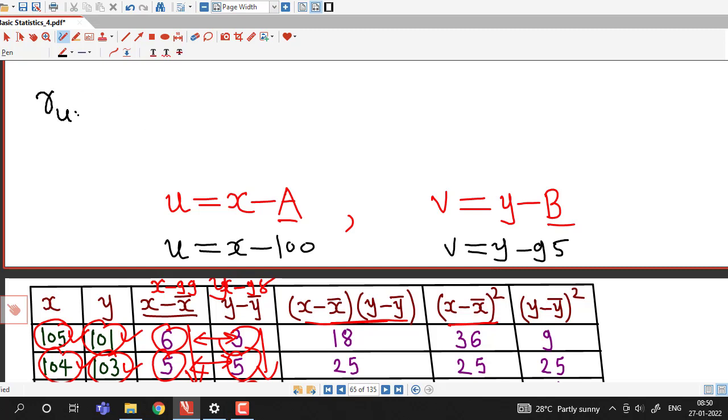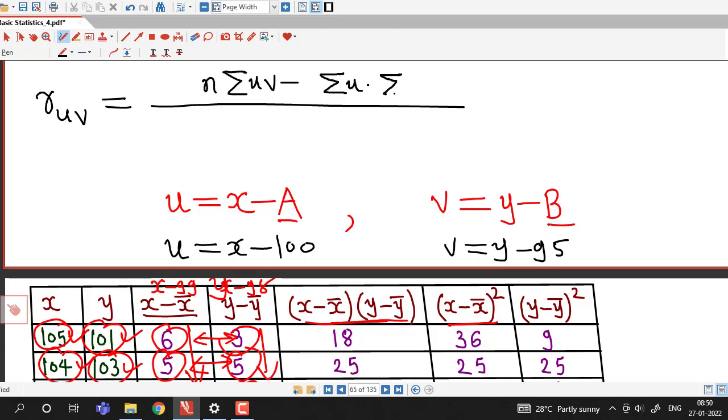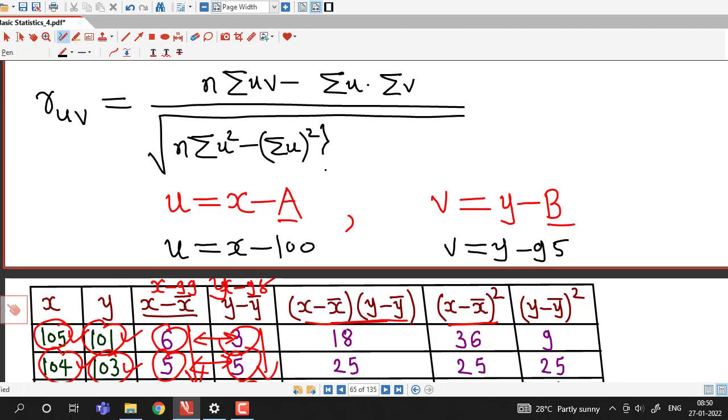After that I will use this formula. The correlation coefficient between u and v is given by n times sigma uv minus sigma u times sigma v, divided by the square root of n times sigma u square minus sigma u whole square, and n times sigma v square minus sigma v whole square.